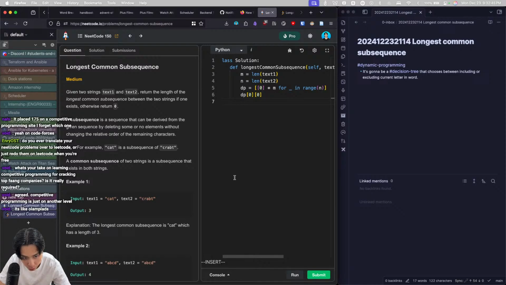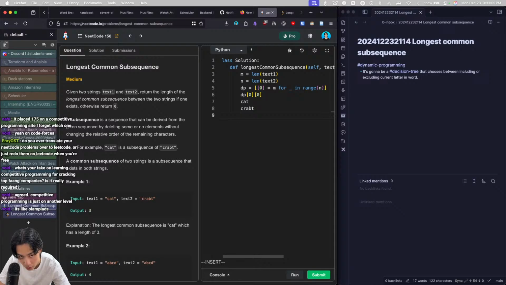So say the string was cat and the other string was crabbed, then it would mean that C and C, they are the same.